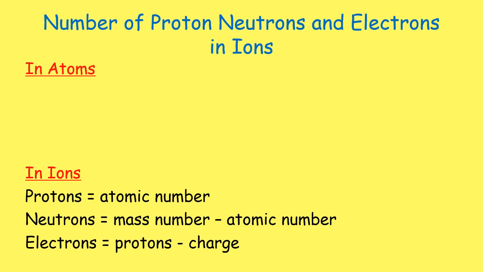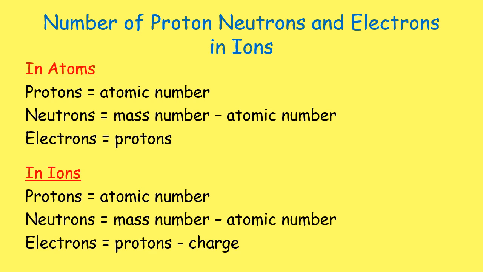So when it comes to working out the number of protons and neutrons and electrons in atoms and ions, well, the rules for atoms were the number of protons equals the atomic number, the number of neutrons equals the mass number minus the atomic number, and the number of electrons equals the number of protons. That is not true anymore for ions.